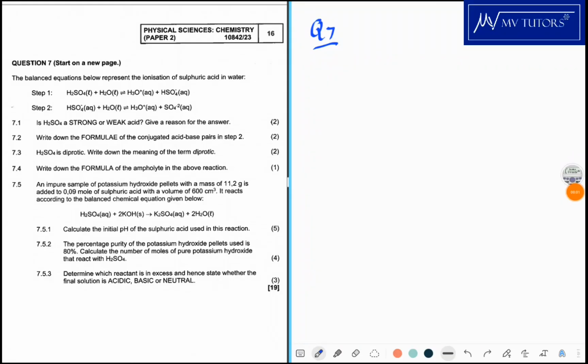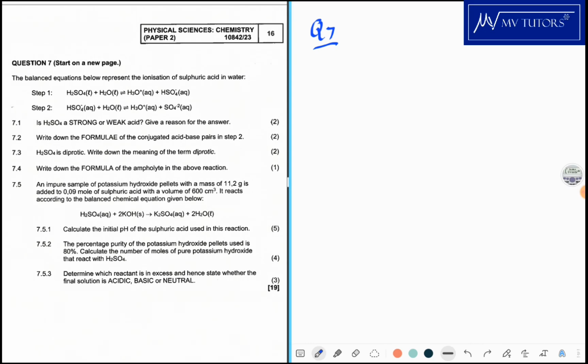Question 7. The balanced equations below represent the ionization of sulfuric acid in water. Sulfuric acid is one of those strong acids like HCl, which is hydrochloric acid, or phosphoric acid. And it takes 2 steps for it to completely ionize.